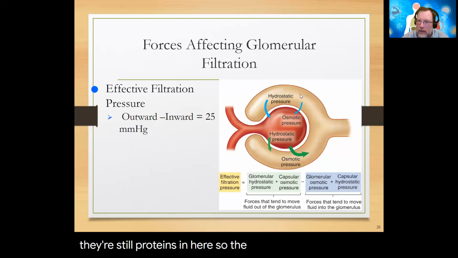So the osmotic pressure is going to be greater in here as water is trying to leave this Bowman's capsule and enter into and dilute this area.